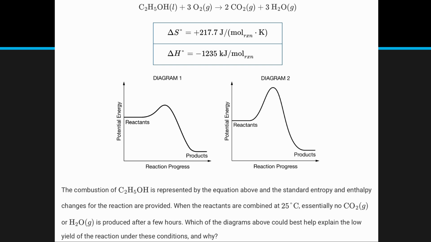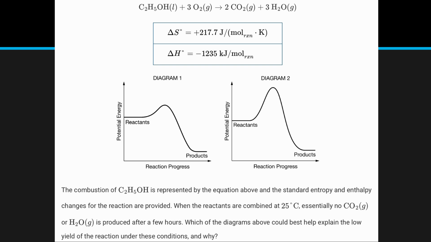So, thinking about kinetic control, if this reaction is thermodynamically favored, but our products are not forming, then we need to think why in this scenario would our reactant molecules not be forming into product molecules? And that again is going to go back into our activation energy.